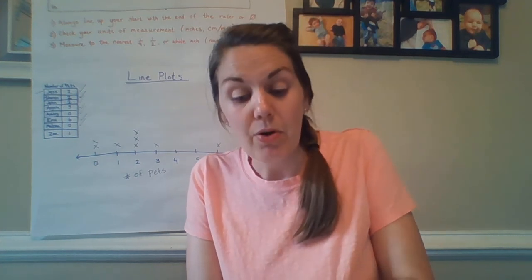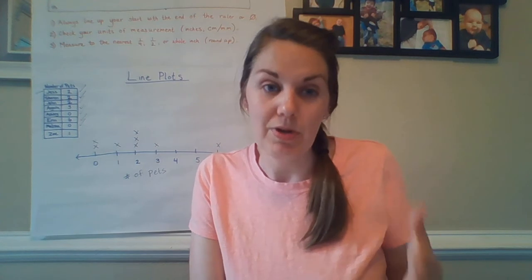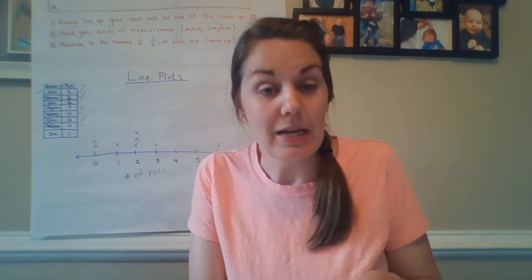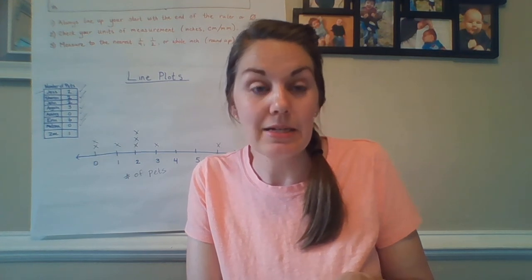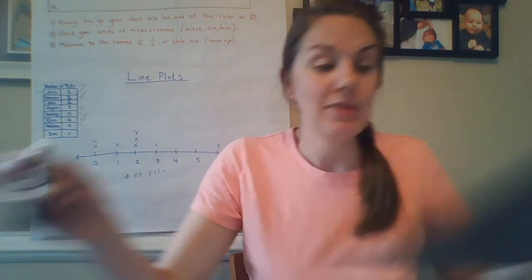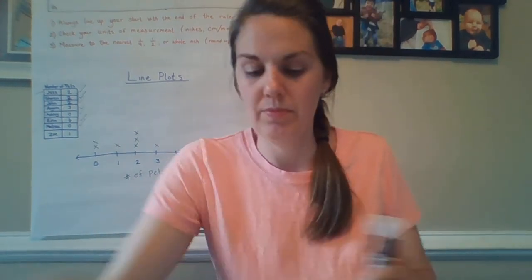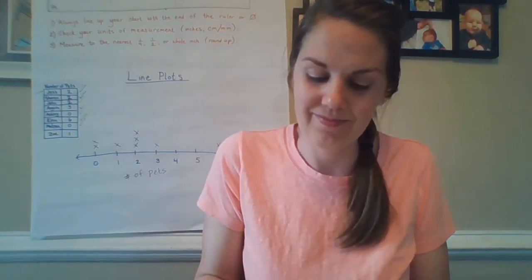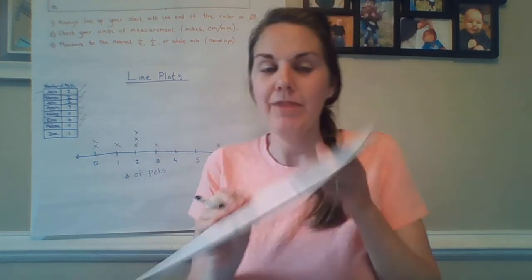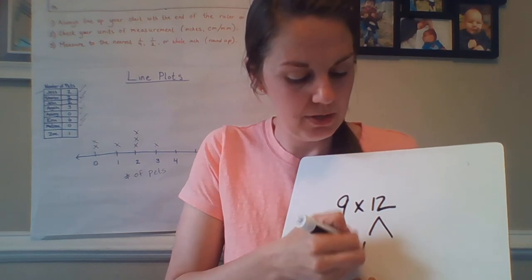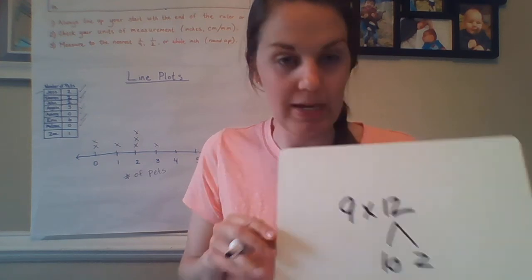What is the sum of the whole numbers? If you added 12 plus 12 plus 12 plus 12, you're adding it 1, 2, 3, 4, 5, 6, 7, 8, 9 times. So you can think of it as 9 times 12. When I have 9 times 12, I'm going to go ahead and break up my 12 into 10 and 2 to make it easier for me.